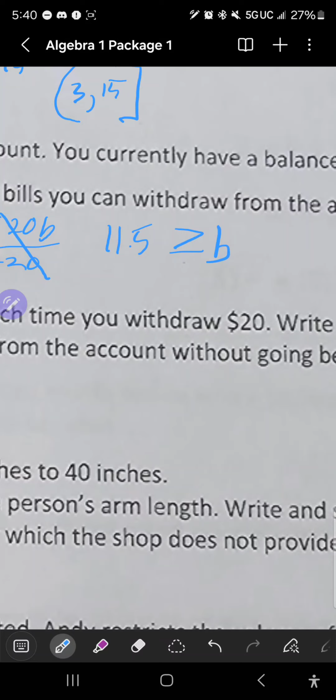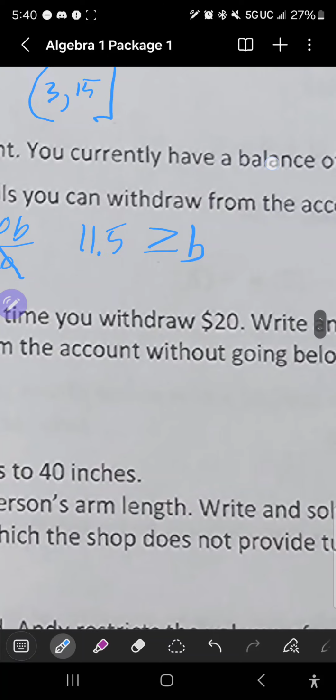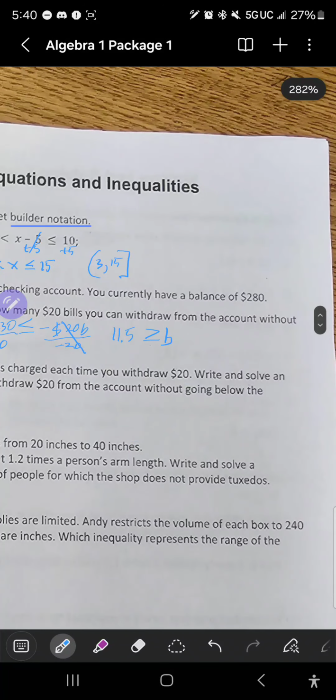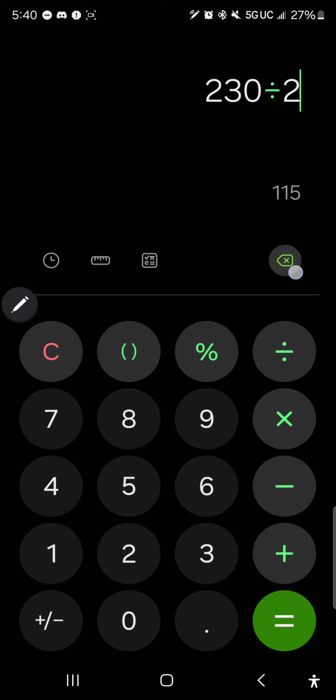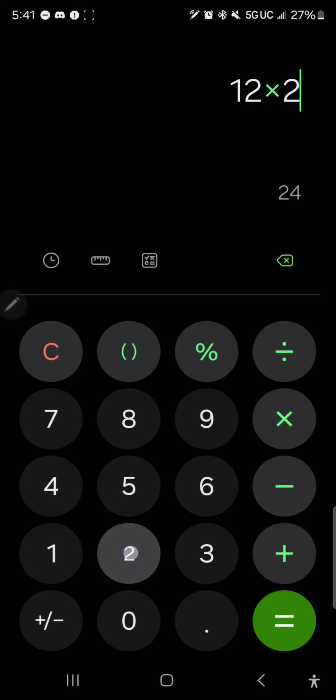So in this case, if you say that the answer is 12, you're going to be wrong, because if you go to your calculator and say, okay, I'm going to spend 12 bills of $20, which is $240, then 280 minus 240 leaves you $40.